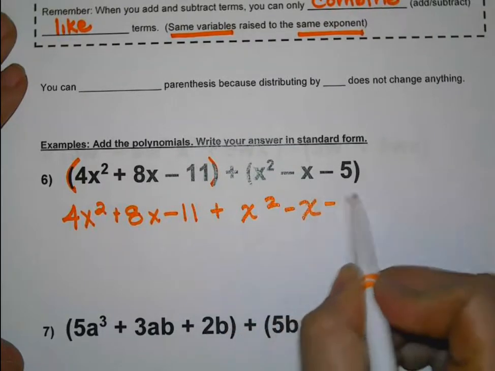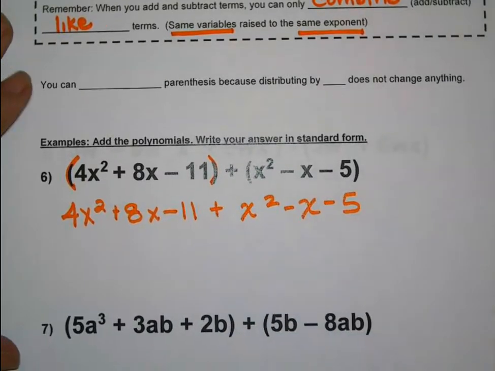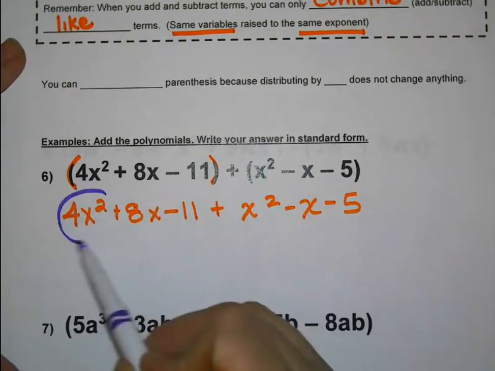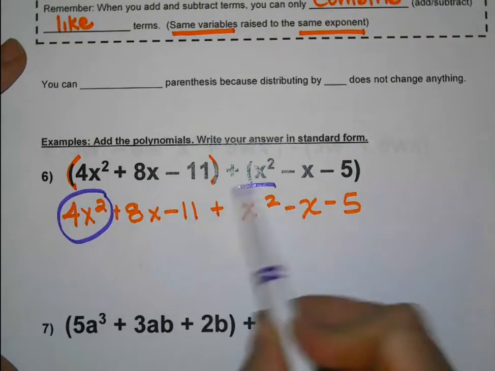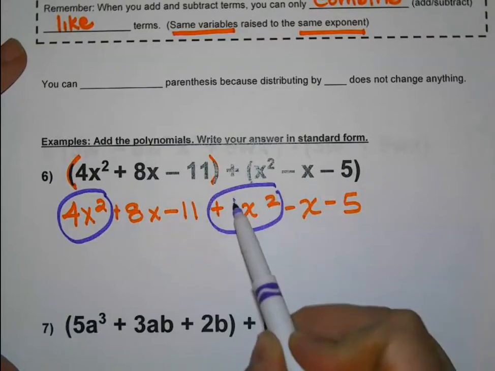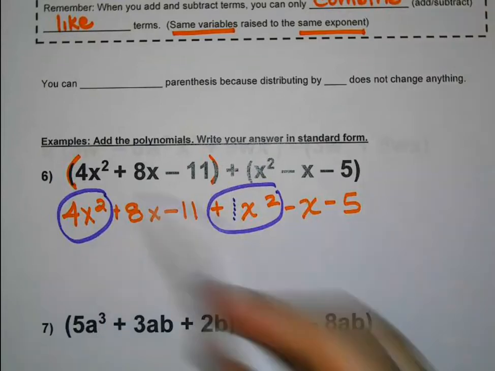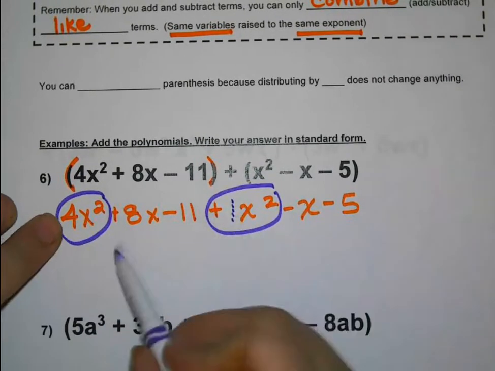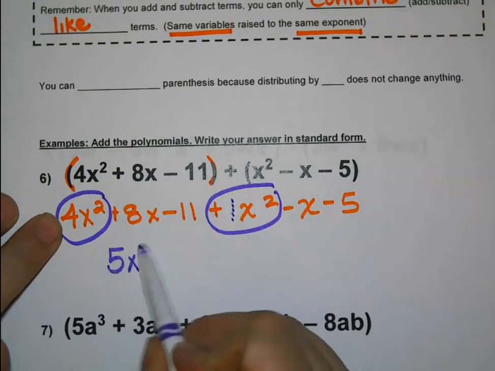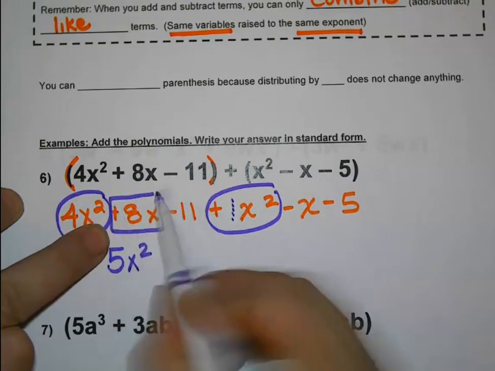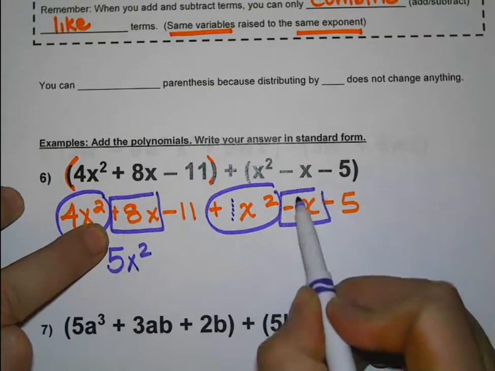And then this looks like a problem we did last chapter. So we are going to combine the like terms. So 4x squared with a positive 1x squared. So we're combining them. 4 plus 1 is 5. Then we can combine an 8x with a negative 1x.